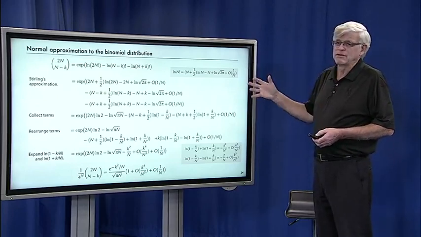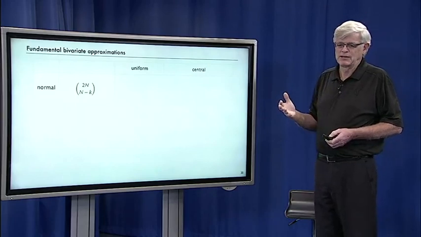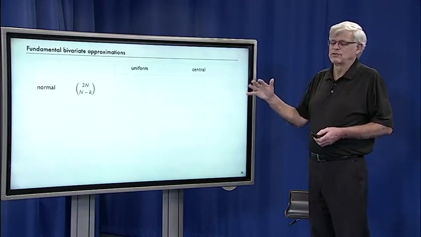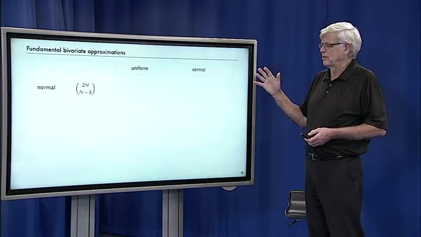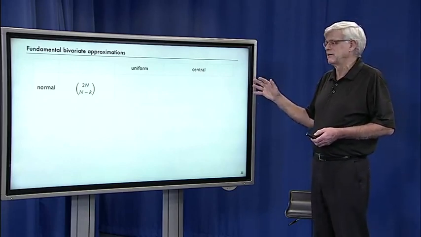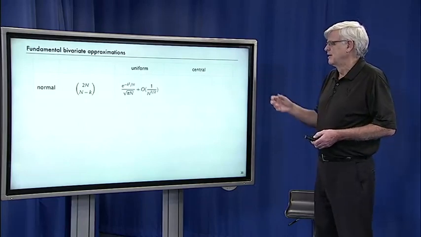And there's plenty of other examples in the book, and so I'm not going to go through all those examples. Again, these functions arise very often, and we can go back to a table like this to get the approximations that we need later on when we encounter these functions in applications.